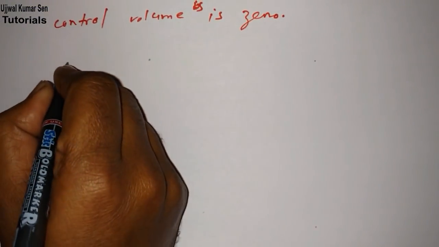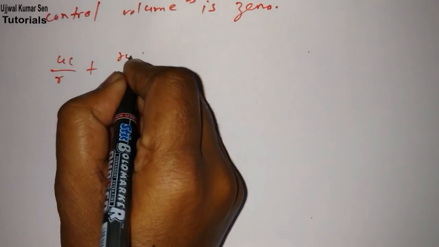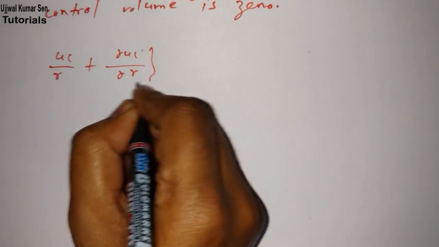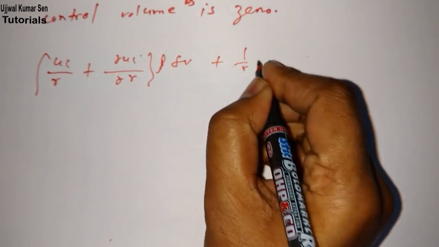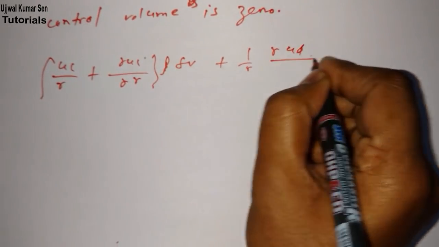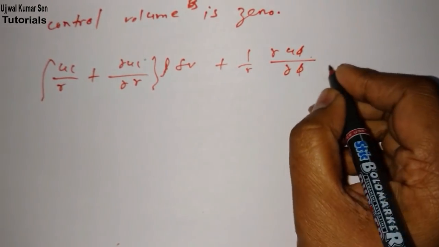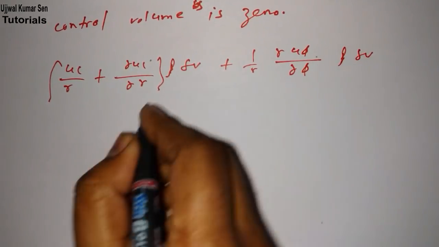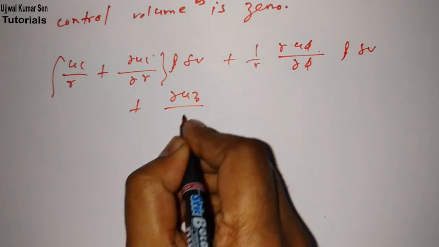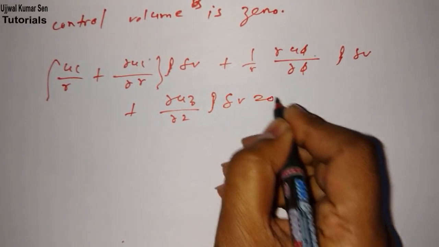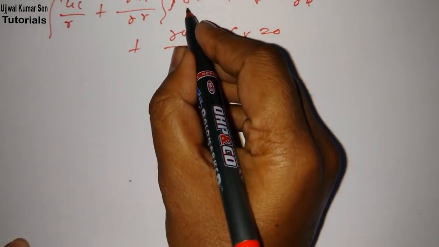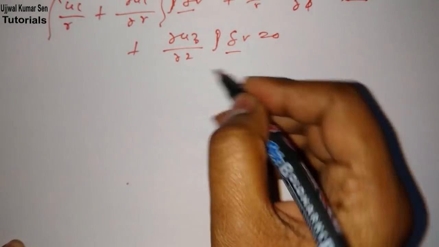So what we can write: u_r by r curly u_r by curly r rho del v, 1 by r curly u phi by curly phi rho del v plus curly uz by curly z rho del v is equal to 0. So we can take the common term and send it to the other side.